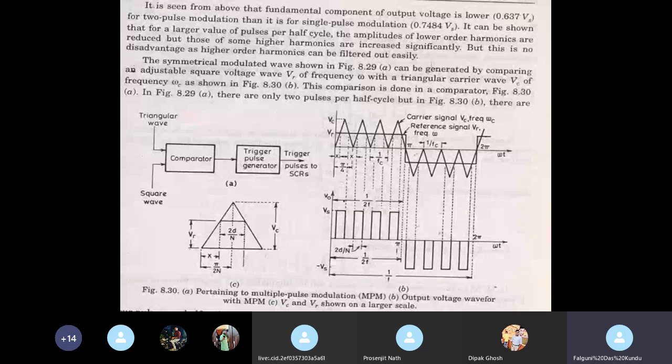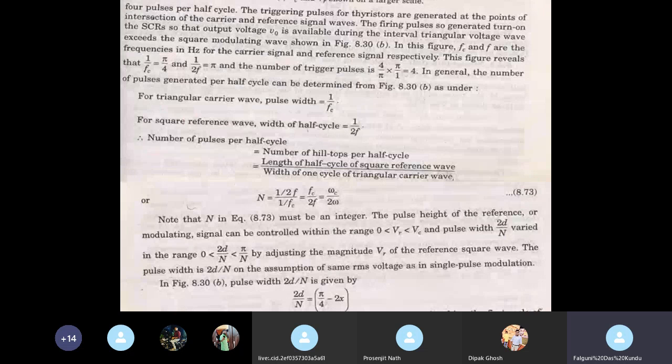So this is the fundamental discussion about the multiple pulse inverter. Okay, so from here we get that the triangular carrier wave pulse width is nothing but 1 by fc, and the square wave reference pulse width of half cycle is 1 by 2f. Then the number of pulses per half cycle is nothing but the number of hilltops per half cycle.